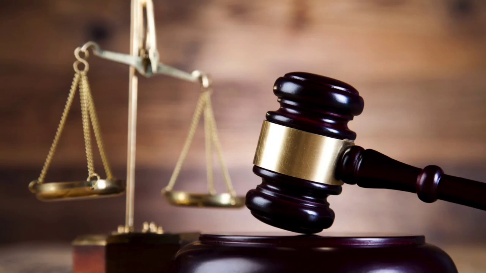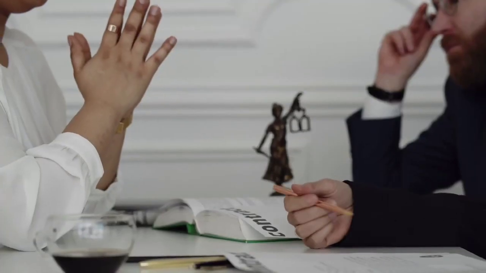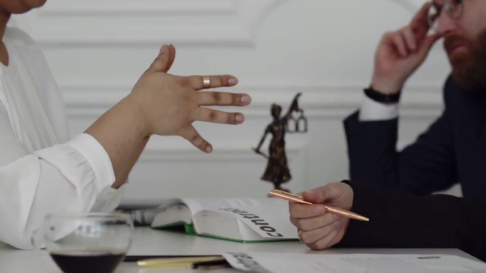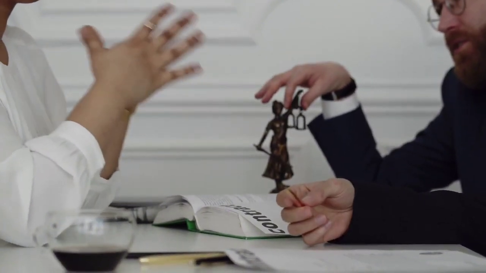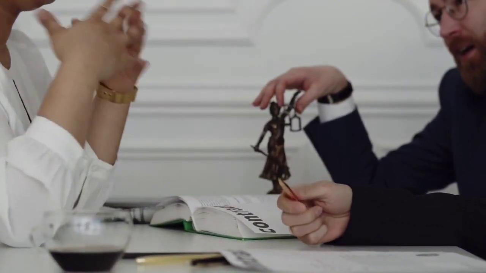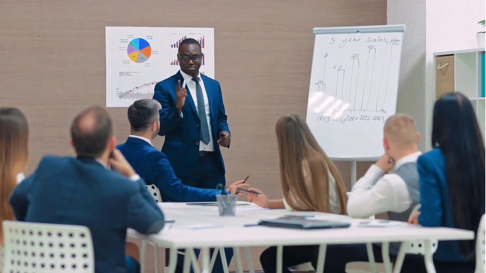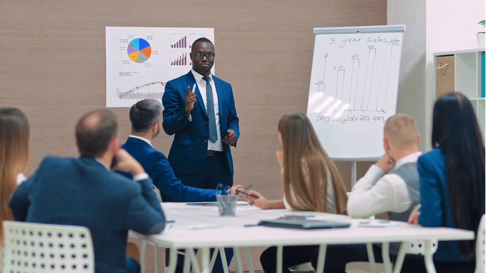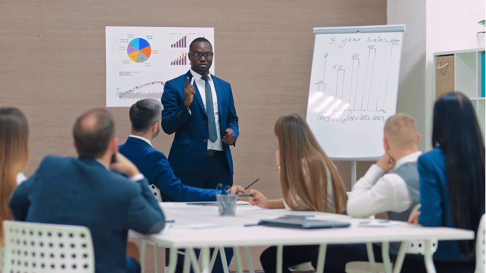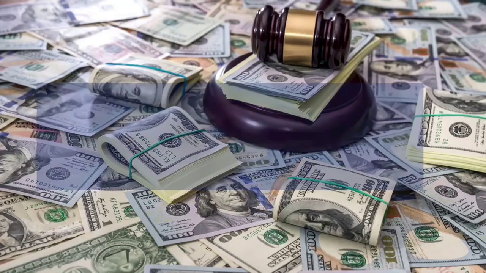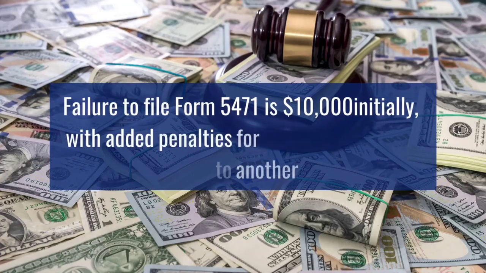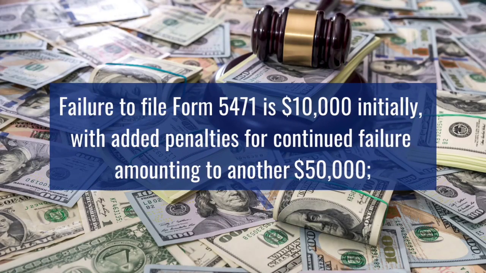So, okay, let's get specific. Let's take a slightly deeper dive into this. If you are a U.S. person investing in foreign companies or a non-American investing in U.S. entities, and you fail to file these important forms or you're late in filing them, the penalties are really aggressive. Failure to file Form 5471 is $10,000 initially per form.